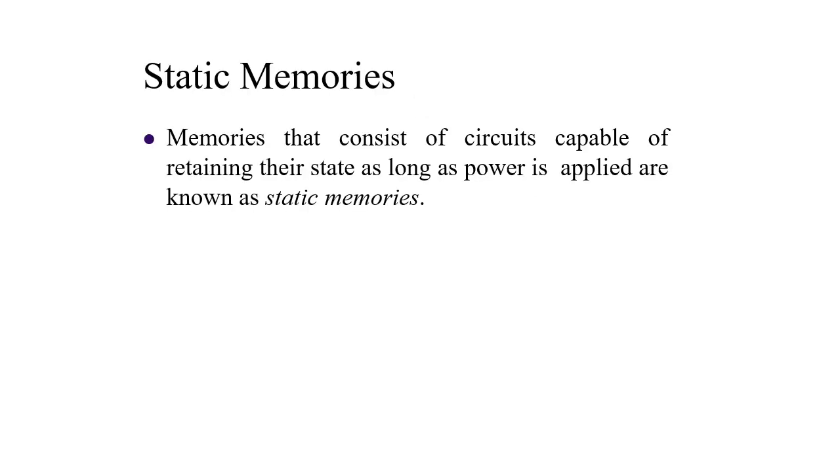However, we have seen the different types of memories. The static memories are the memories that consist of circuits capable of retaining their state as long as power is applied, and are known as static memory cells. The RAM cells are usually static memories that can hold the data or content as long as the power exists.